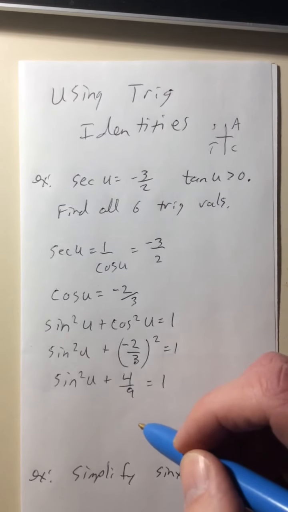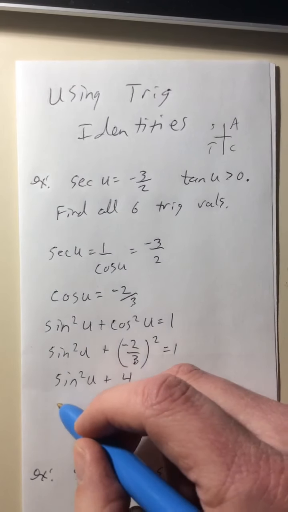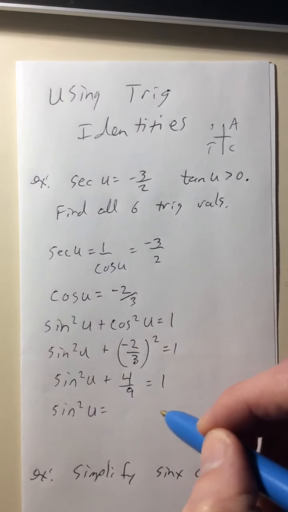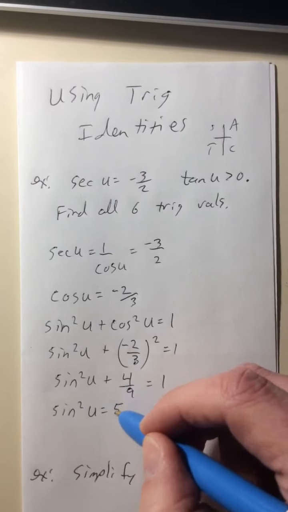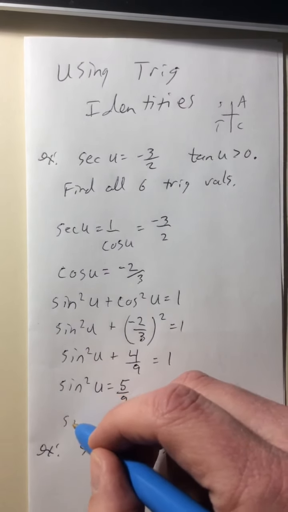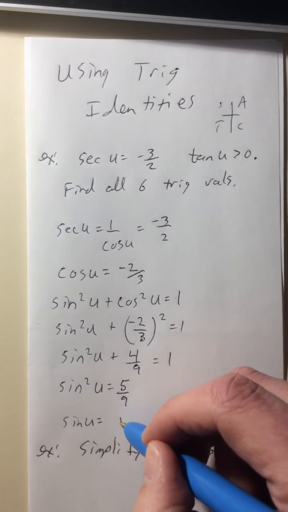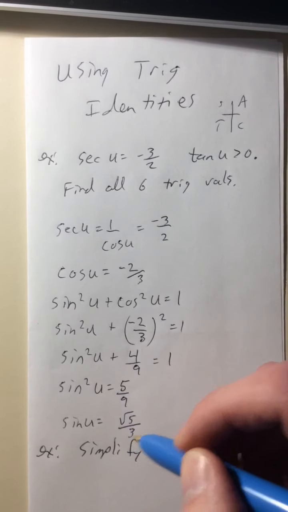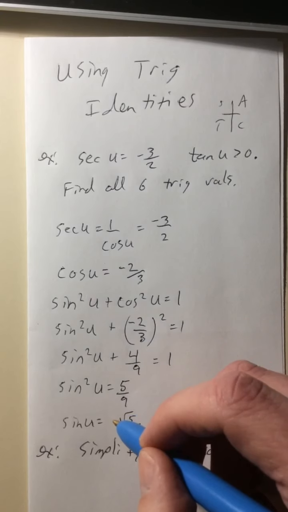Then we subtract 4/9 from both sides, and we get sine squared of u equals 1 minus 4/9, which is 5/9. That means the sine of u is the square root of 5 over 3. And because we are in the third quadrant, we know this is going to be negative.